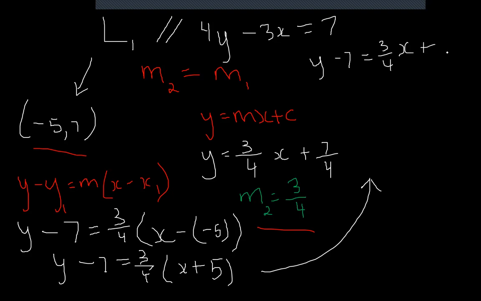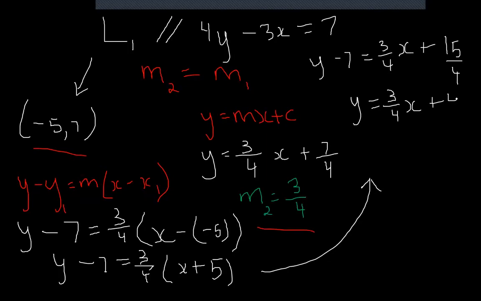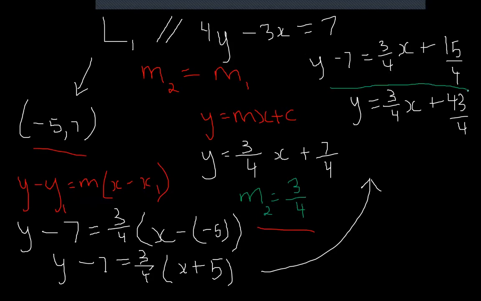So 3 times 5 is 15 on 4. So y is equal to 3/4 x, plus 15 on 4, add 7, plus 43 on 4. That's my answer. Everybody understands that? Yes, miss. Okay.